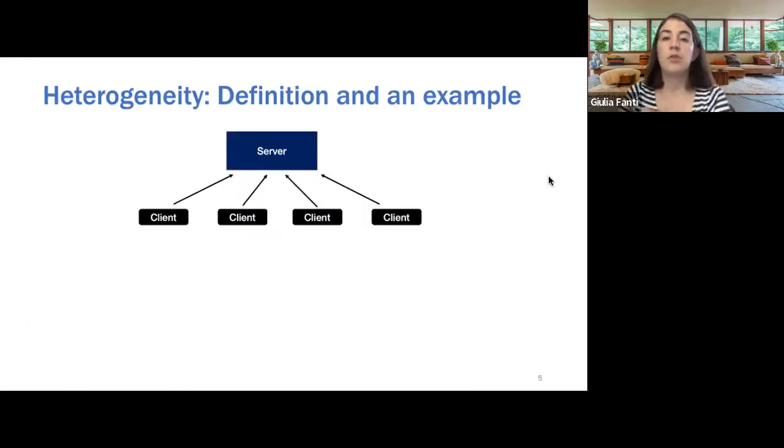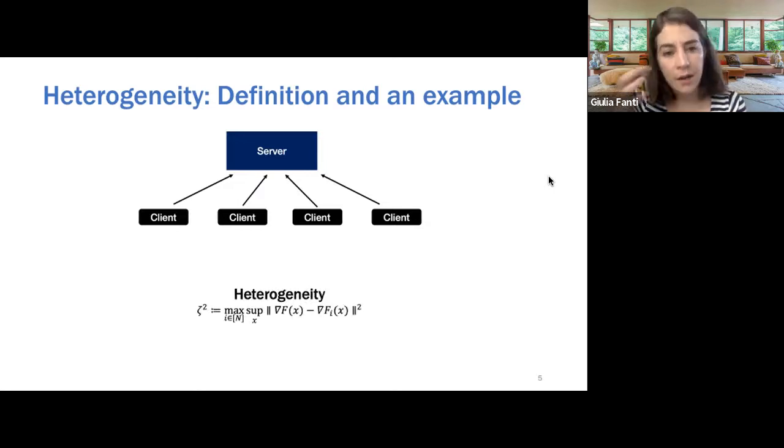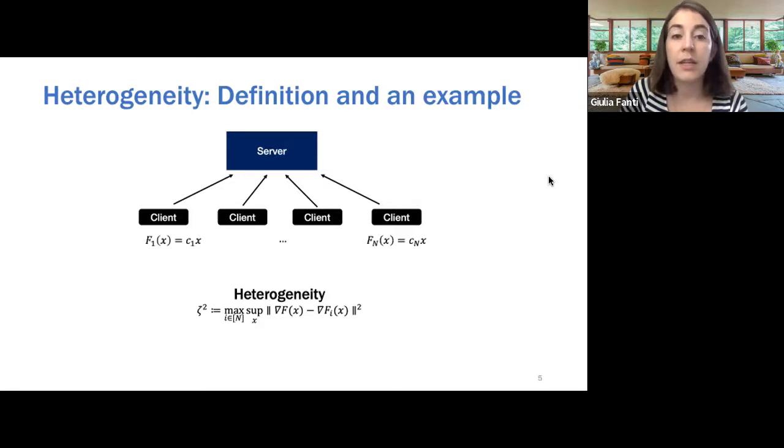Okay, so what exactly do we mean by heterogeneous in this context? There have been a few different definitions in the literature. We're going to use one common one, and I'm going to explain this definition in the context of an example. First, let's assume that each of our client objectives is linear with different slopes, c_i.